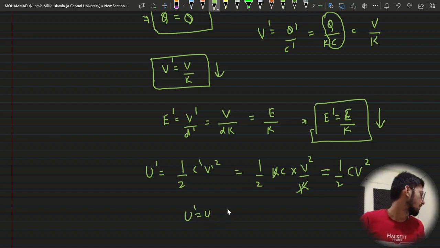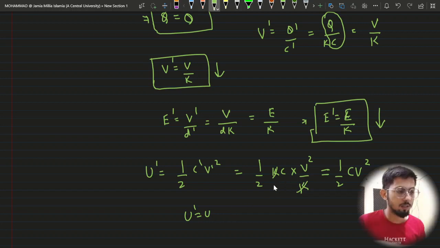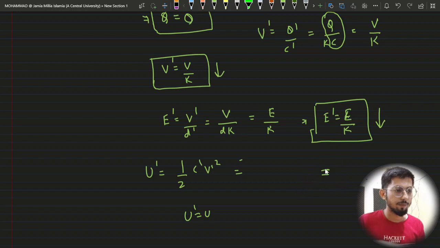Am I doing something wrong? Yes, definitely I'm doing something wrong. Let's do it again. So this is half, C dash is KC, and V dash is how much?